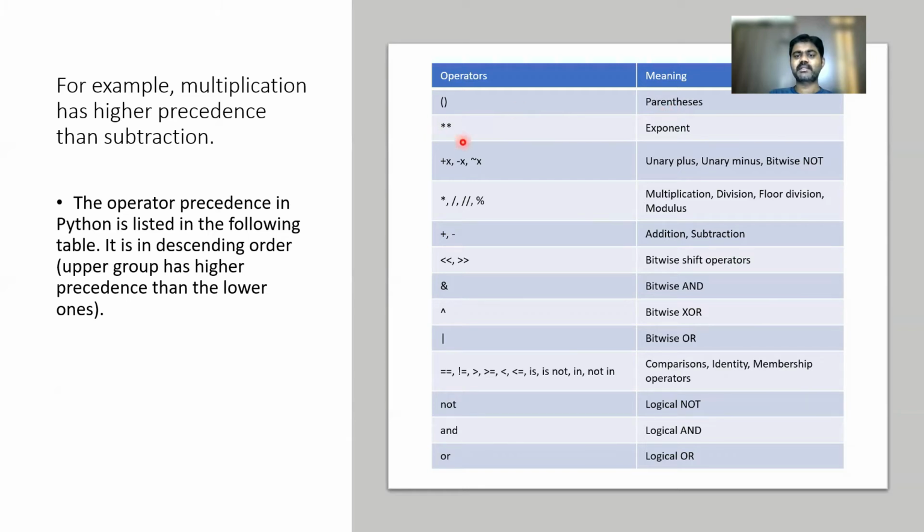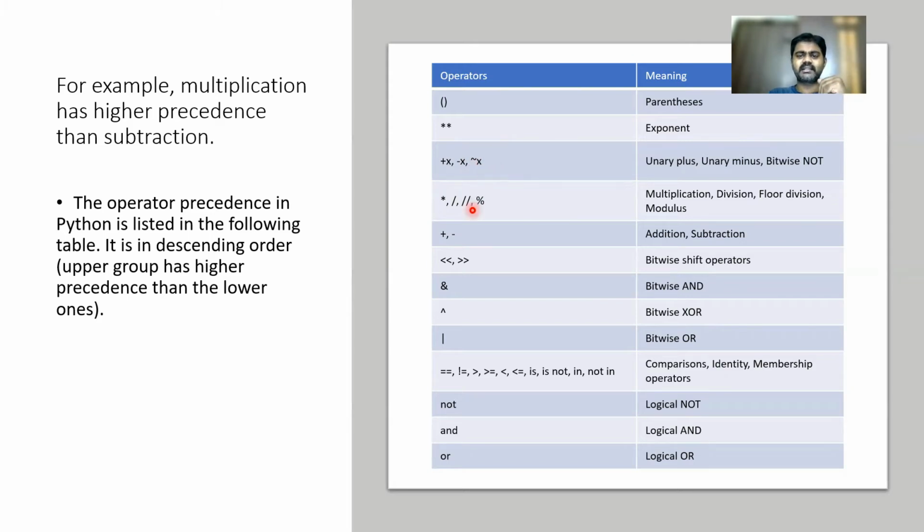Next is exponent, like 3 exponent 2, that is 3 power 2. This has the second highest precedence, and the third is unary plus, unary minus, and bitwise not. These three have the same priority.